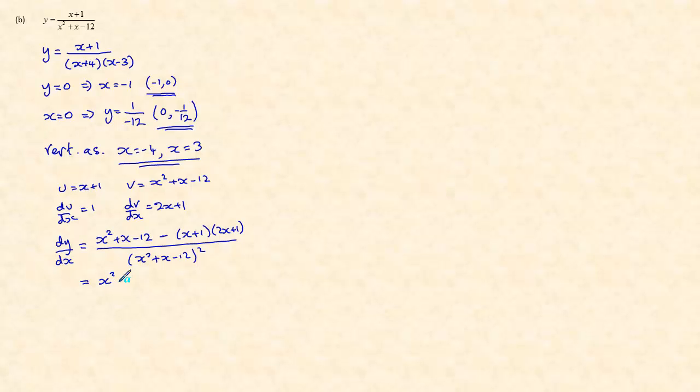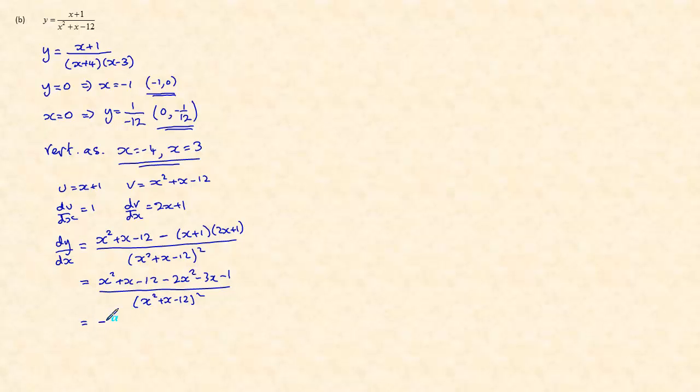So that's going to be x squared plus x minus 12, take away 2x squared. Now this gives me 2x and another x, so it's going to be minus 3x. And then we'll end up with minus 1 all over the x squared plus x minus 12 all squared.